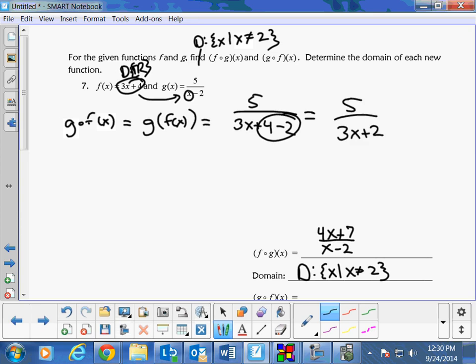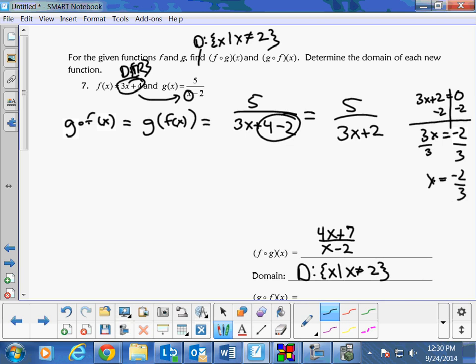These two will combine. 5 over 3x plus 2. Which means that my domain on this one's going to be slightly different. I'm going to have 3x plus 2 is equal to 0. Which means minus 2, minus 2. 3x is equal to negative 2, divided by 3, divided by 3. x is equal to negative 2/3.